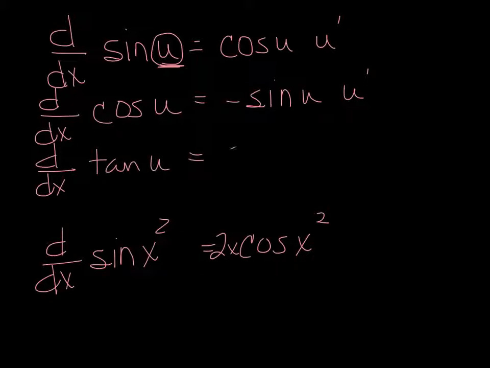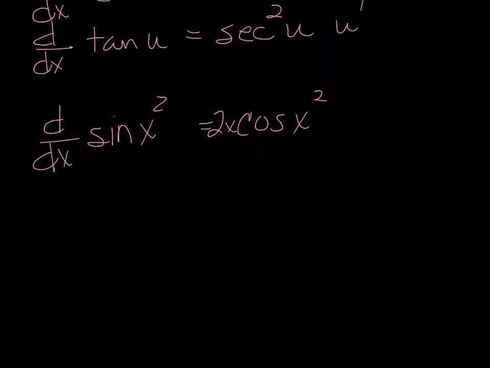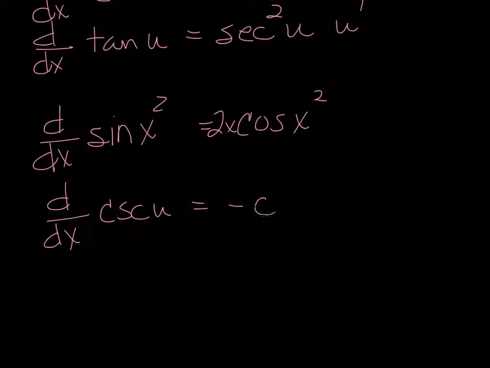Okay, that's secant squared u times the derivative of u. What's the derivative of the cosecant? Negative cosecant u, cotangent u, times the derivative of u.